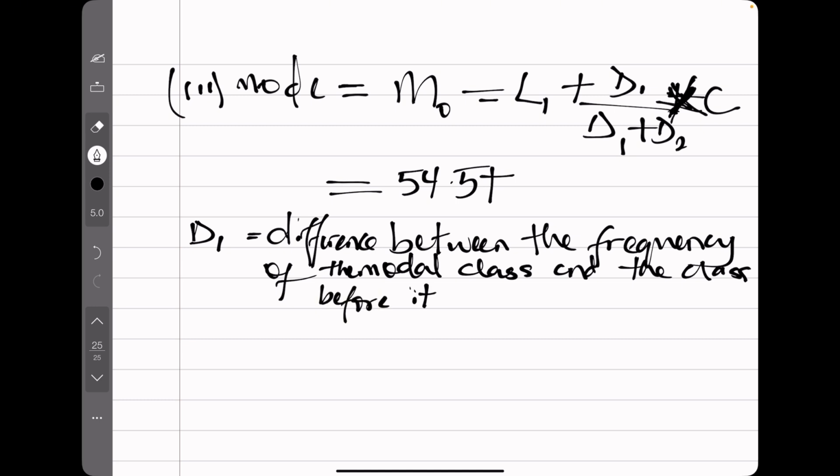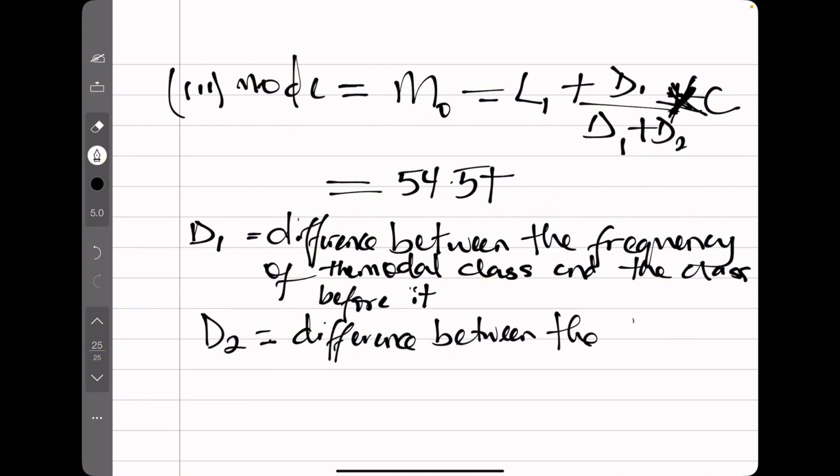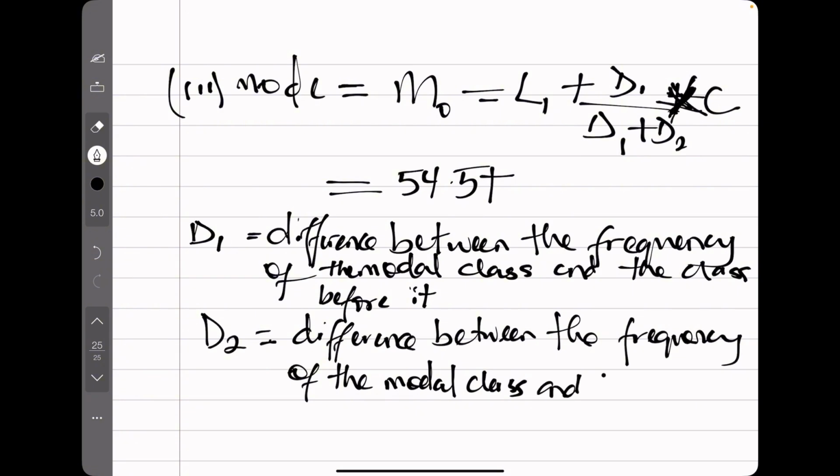I'm taking time to explain what these parameters mean because when we start implementing it, you'll not be confused. So D2 is the difference between the frequency of the modal class and the class right after it.